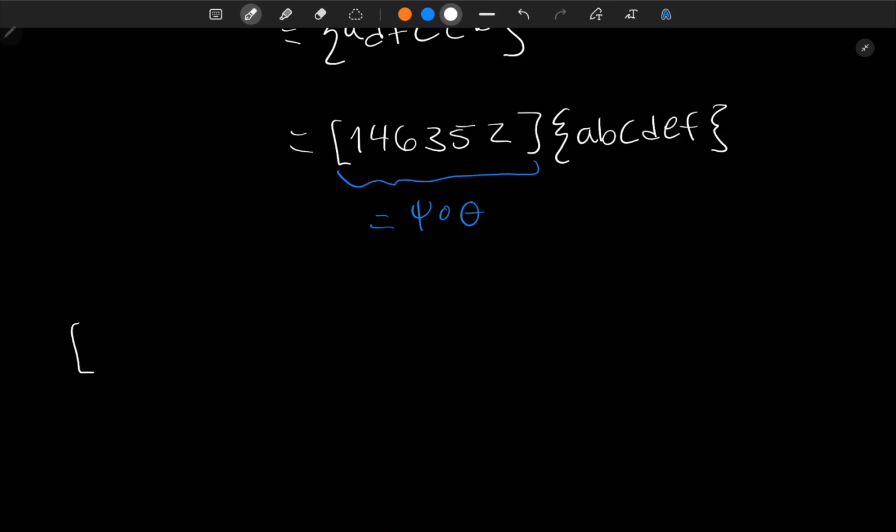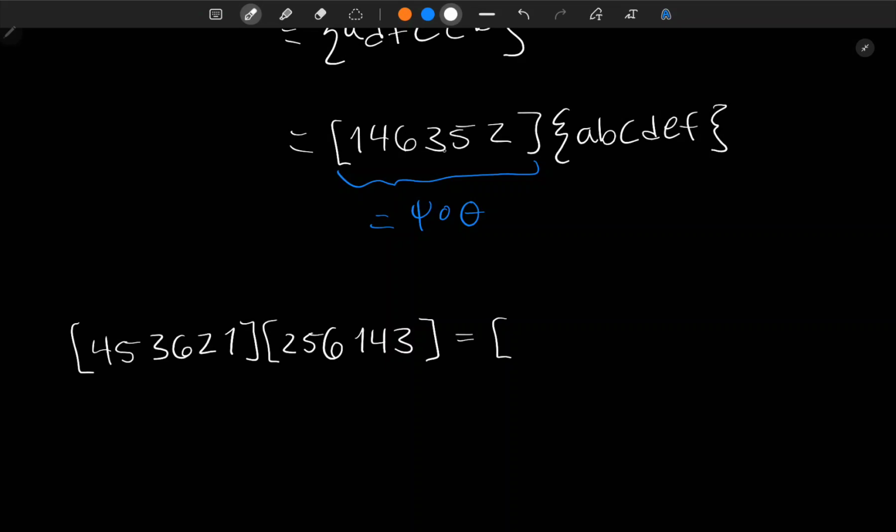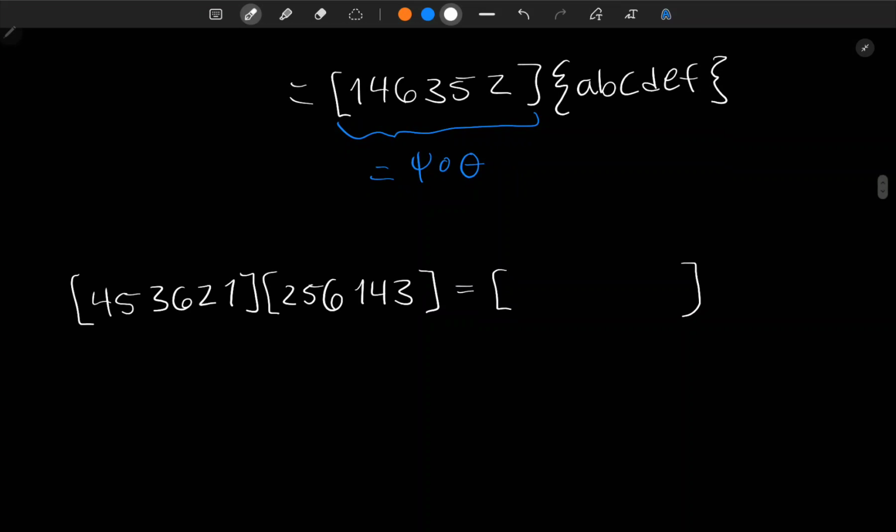So what we've found is that psi theta, which is 4, 5, 3, 6, 2, 1, times 2, 5, 6, 1, 4, 3 is equal to 1, 4, 6, 3, 5, 2. So we know that's what it has to be.